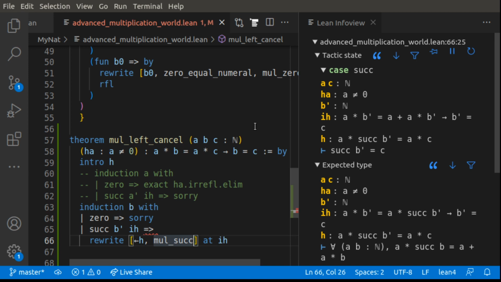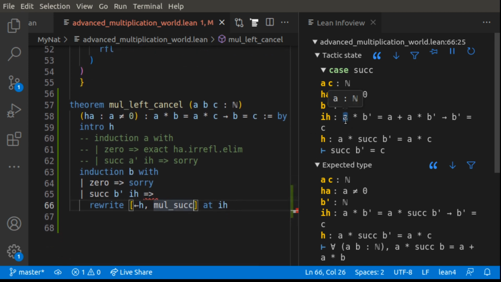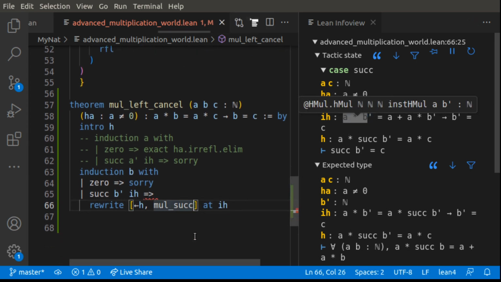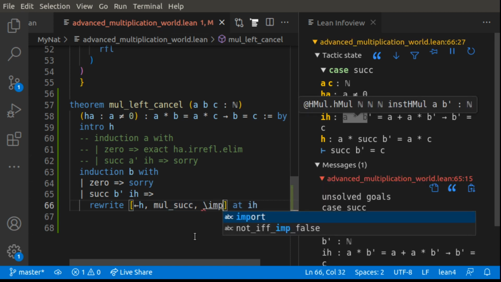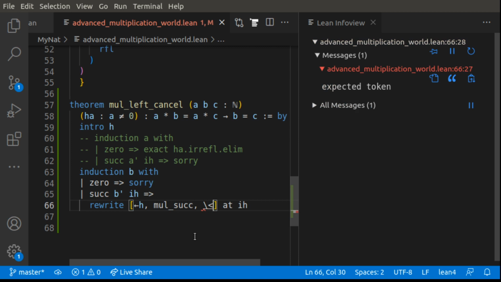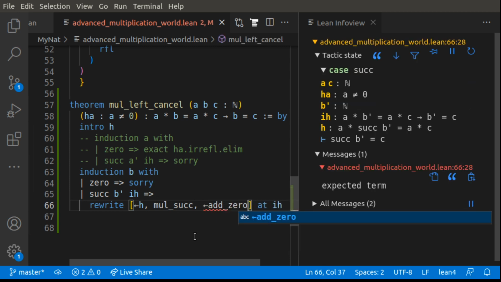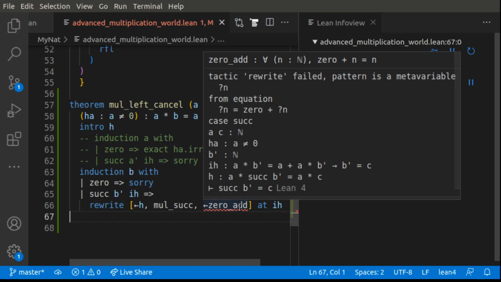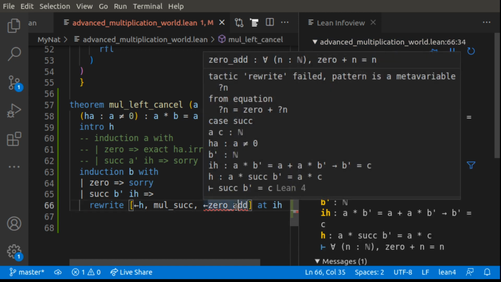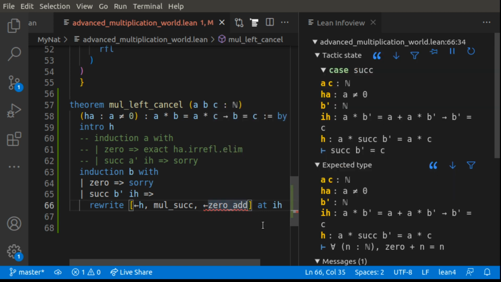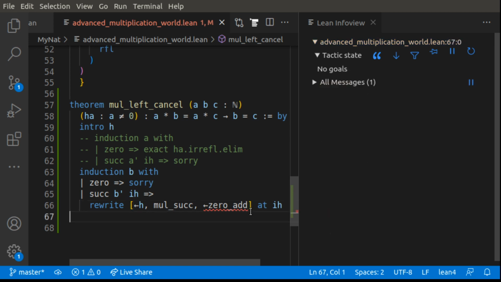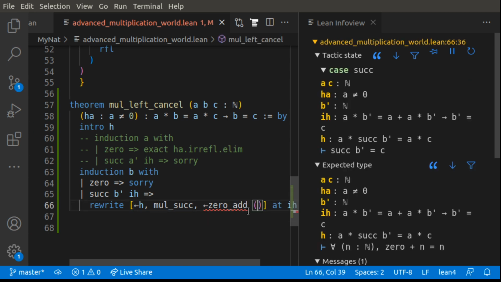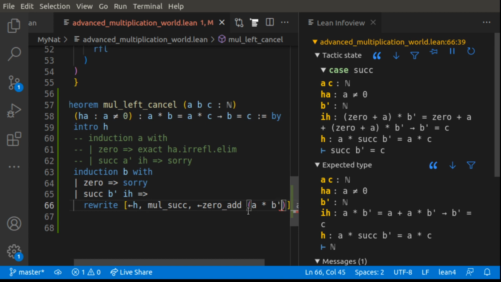Oh, okay, I see. We can get this to be 0 plus that. Add 0, or 0 add maybe. Can I do a times b prime like this?